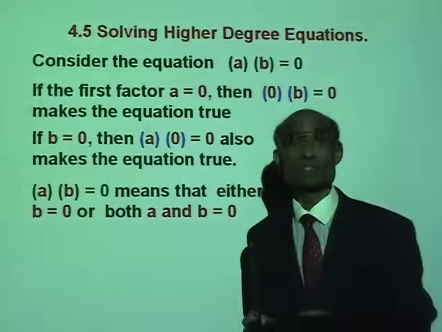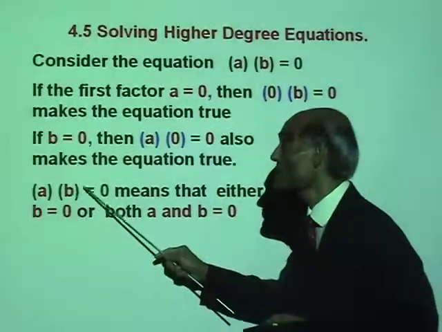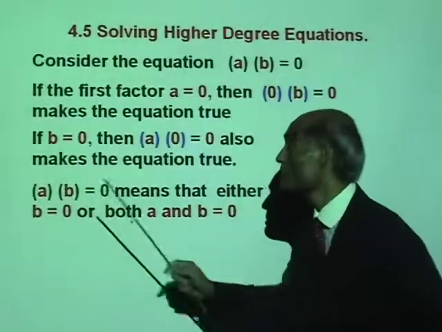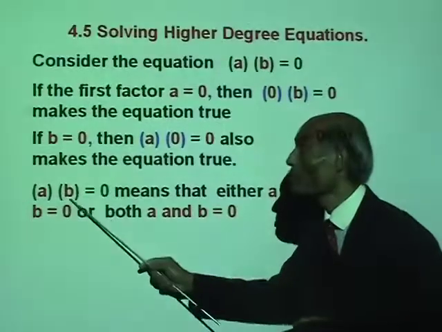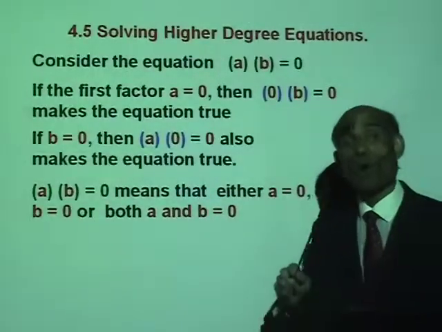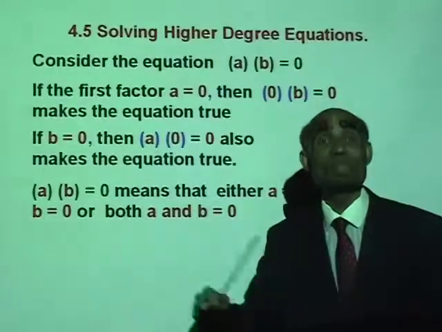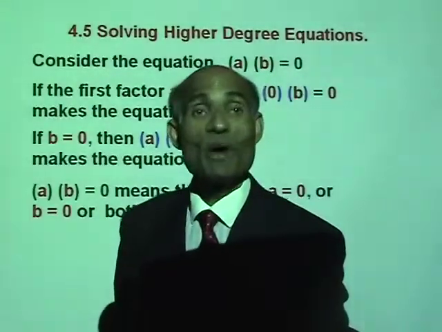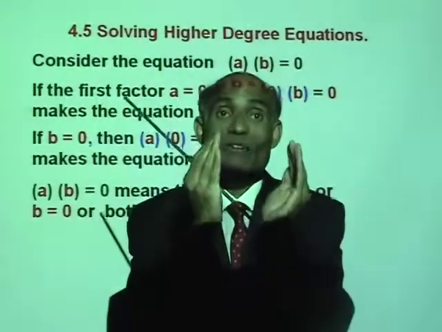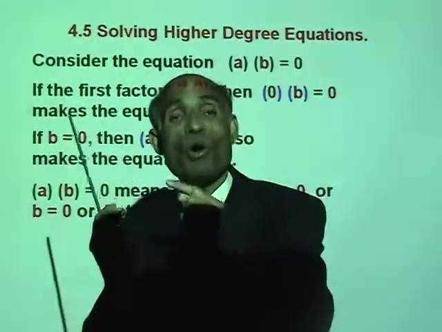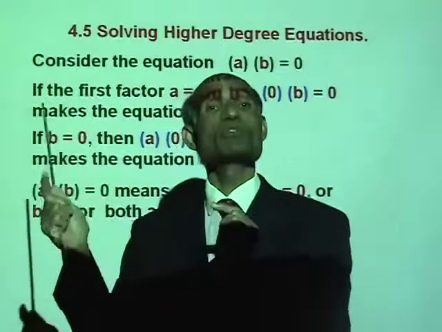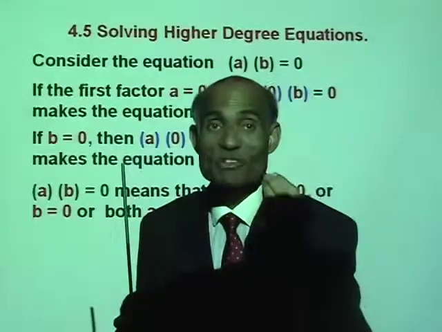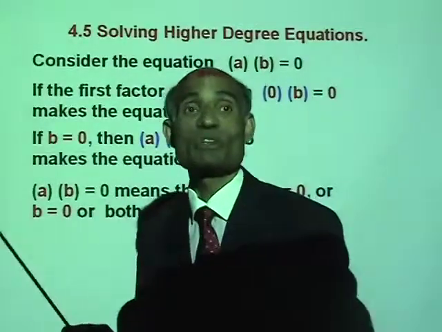So what is the conclusion? A times b equal to 0 means that either a equal to 0 or b equal to 0, or both a and b equal to 0. That means if you are given that the product of two or more factors equal to 0, each of those factors can be equal to 0.